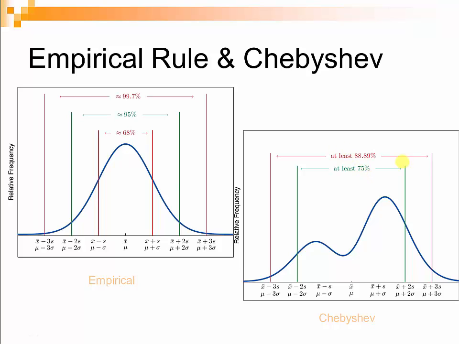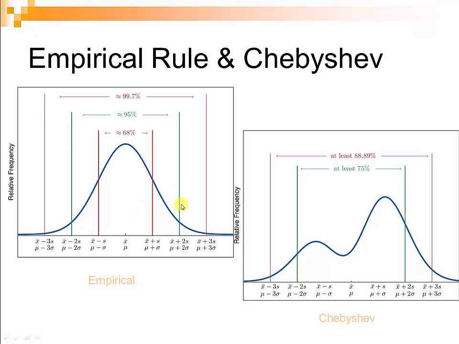And at least 88.89% will fall within -3 to +3 standard deviations. But again, we're going to focus mainly on the empirical rule, and just keep in mind that Chebyshev does exist.